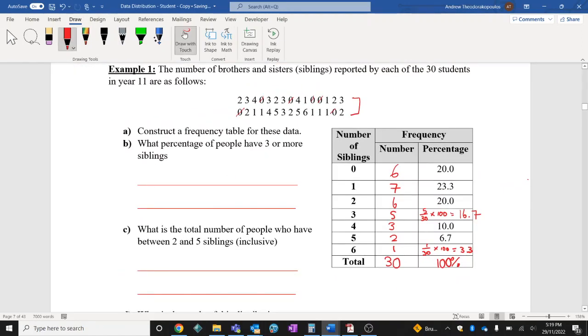So now we can answer some questions from this. What percentage of people have 3 or more siblings? Okay, so we want to look at 3 or more. That includes the 3. So we're going to look at percentage. So we're going to look at this number, this number, this number, and this number.